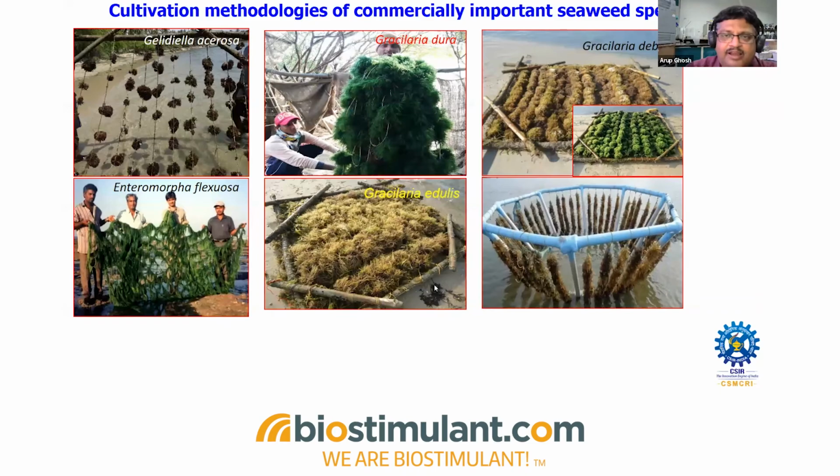We at CSMCRI not only do seaweed biostimulants, but also we have the upstream technologies for cultivation of different commercially important seaweed species. For example, you can see Gelidiella acerosa, Enteromorpha flexuosa, Gracilaria dura, Gracilaria edulis, Gracilaria debilis.